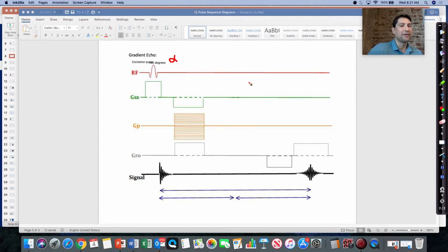You do not have that 180 degree refocusing pulse, so it's not slice selective in terms of refocusing our spins. What refocuses our spins is this down here on our frequency encoding gradient. We actually dephase the spins first, and then we rephase the spins. So this section on your pulse sequence diagram is actually equivalent to the first half of our readout gradient.